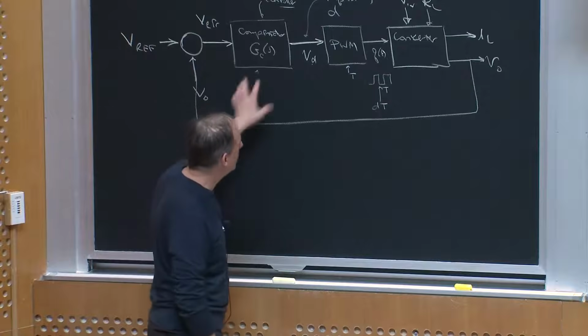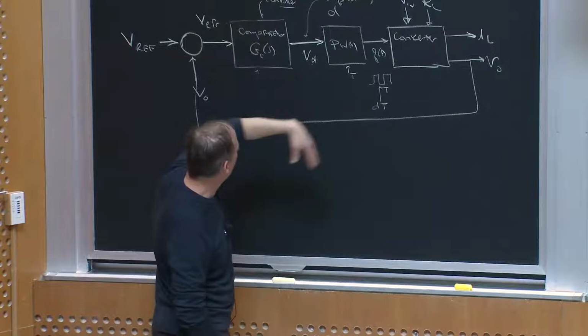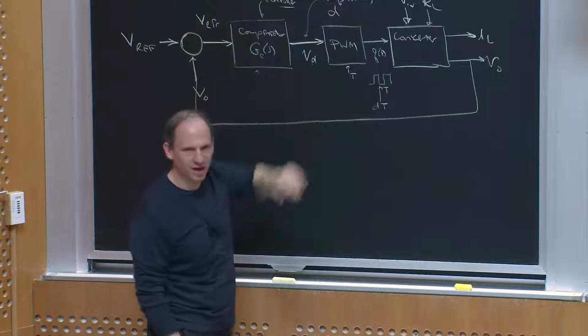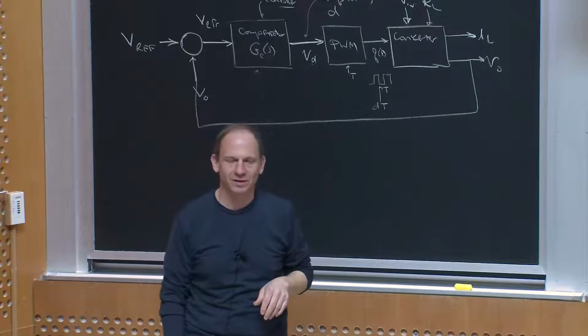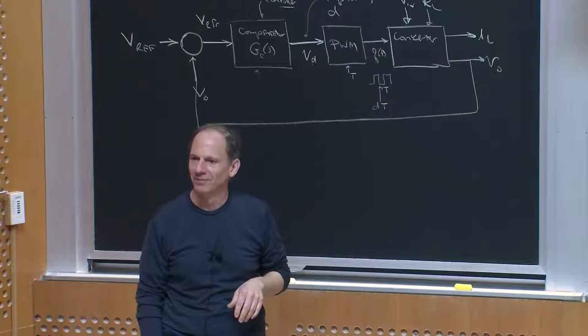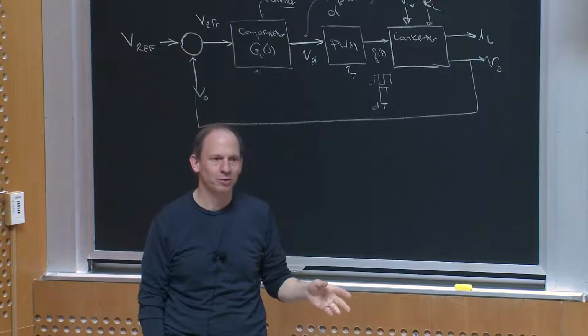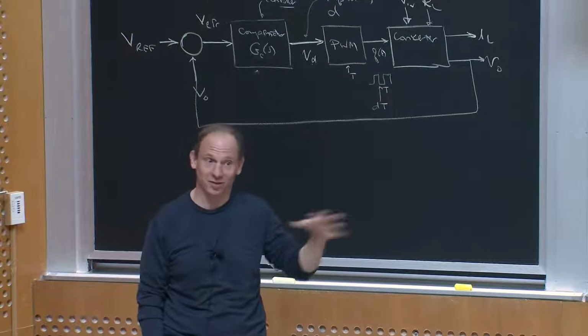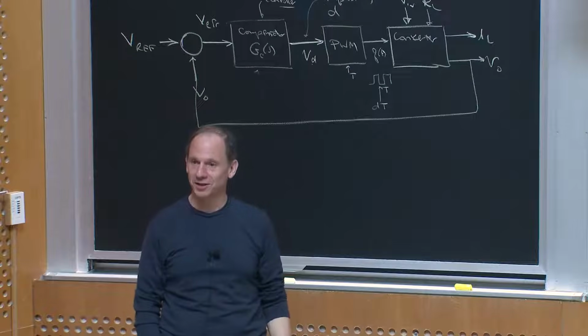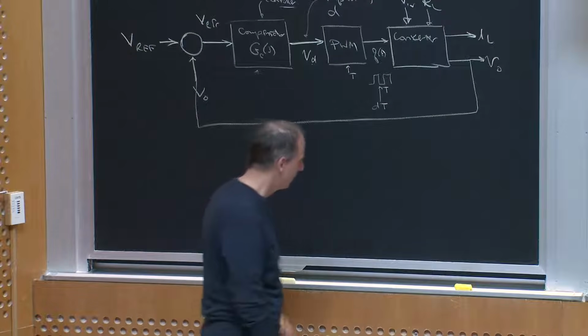Okay, what we need to do this, right? If I put in the wrong compensator and I put feedback, I could make this thing oscillate and go unstable. We've all seen the effects of bad feedback, like when you put your microphone too close to your speaker, right? And suddenly the thing goes crazy, right? And you can certainly make a power converter go crazy if you're not careful, right?